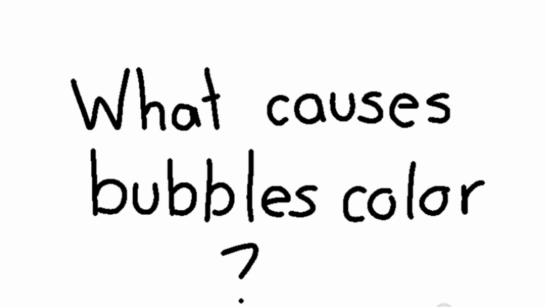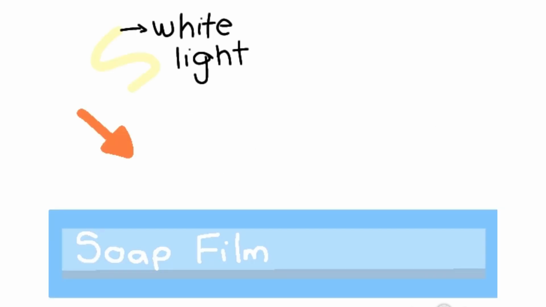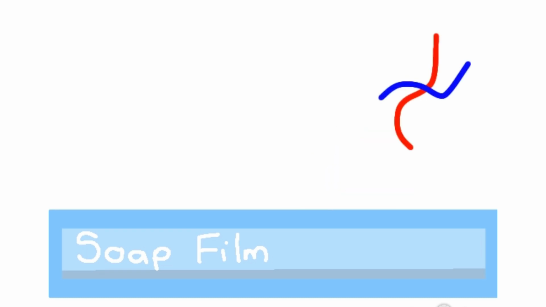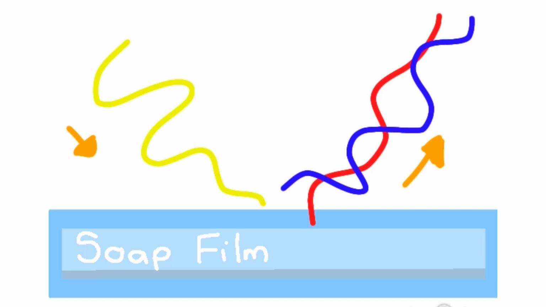But what causes the bubbles to exhibit such colors? It's because light waves reflected from opposite sides of the thin bubble wall interfere with each other. Some wavelengths, colors, cancel each other out, while others are reinforced based on what kind of interference we're talking about.